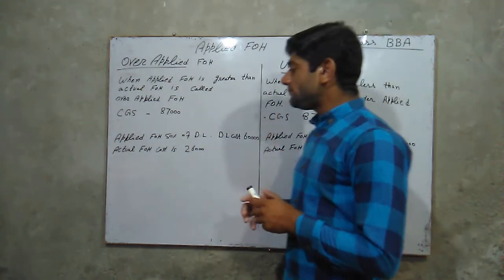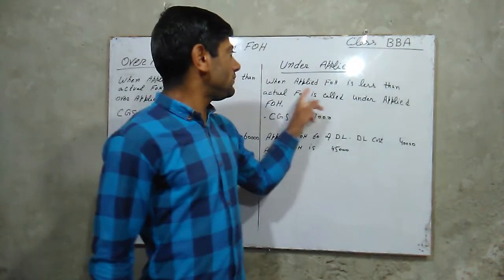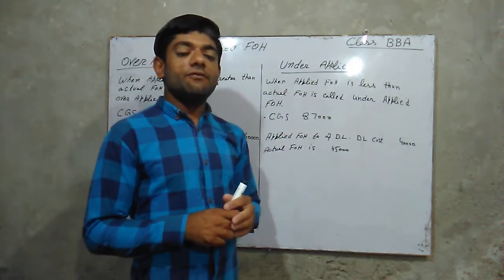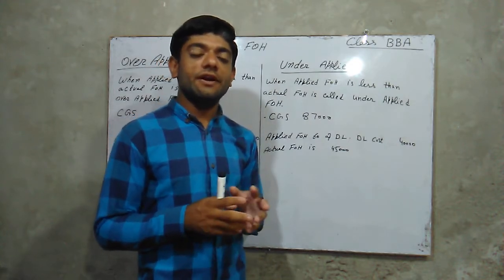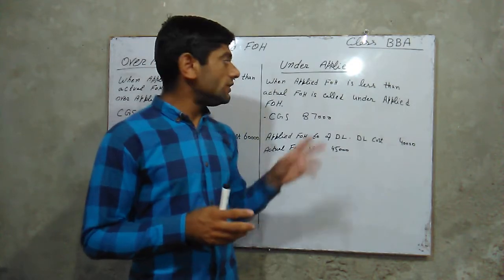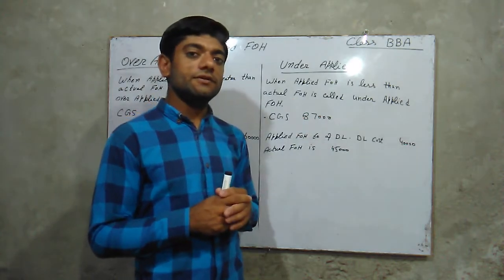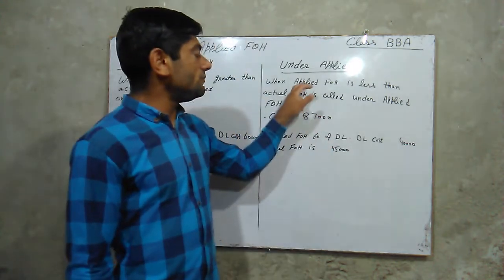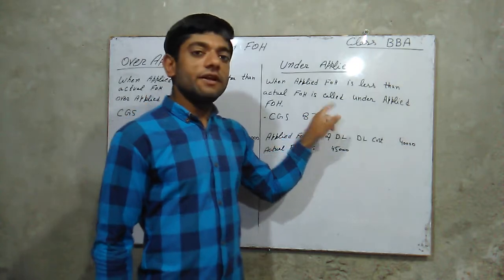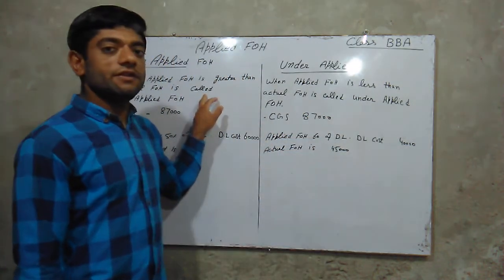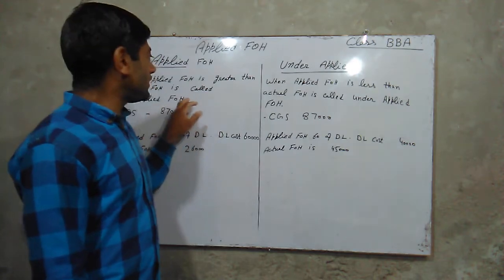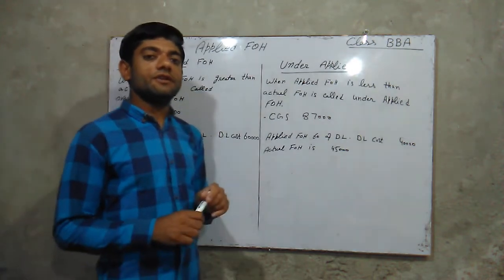And underapplied is when applied FOH is less than actual factory overhead. It means our estimation is less than the actual cost. Here, in the overapplied case, our estimation is more than actual FOH.